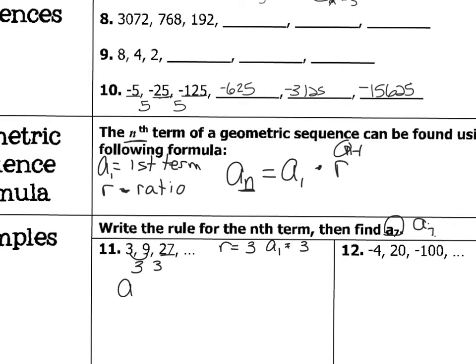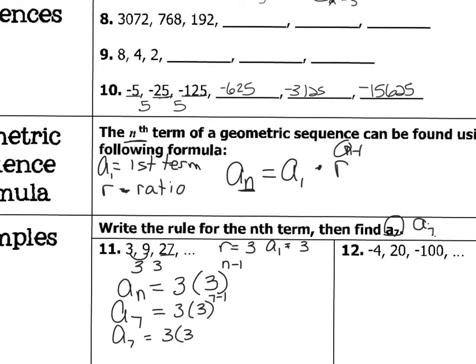So if I just asked for the formula, you would write a sub n equals your first term, 3, times 3, your common ratio, to the n minus 1 power. Now I'm going to plug in and replace n with 7 because I'm trying to find my 7th term. So it'll be 3 times 3 to the 7 minus 1, which is 3 times 3 to the 6th power.